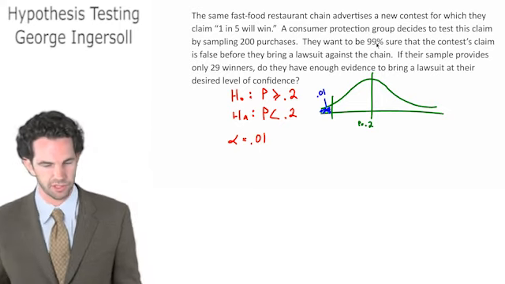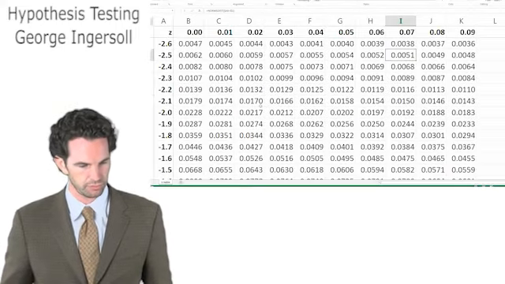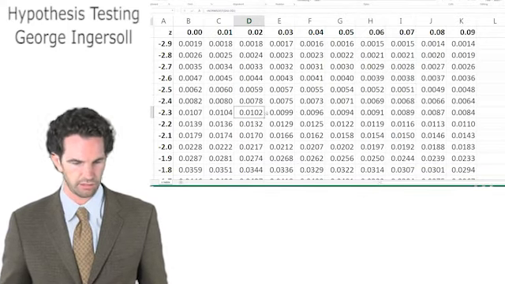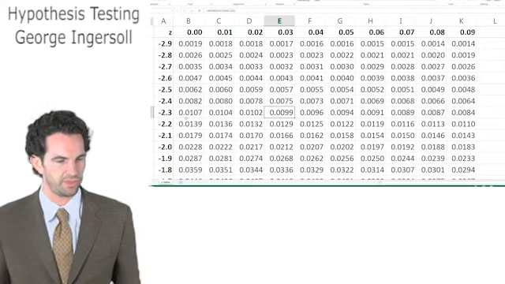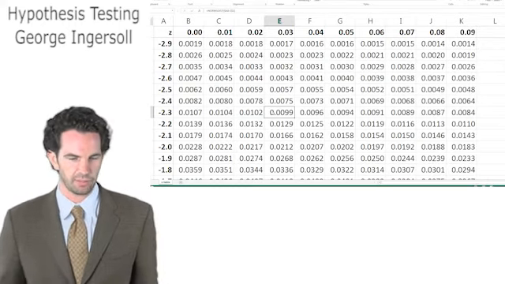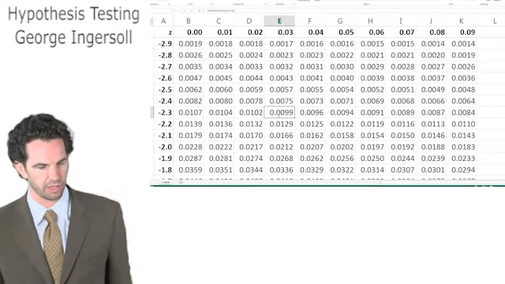So let's look that up on the z table. I'm going to call it negative 2.33. It's somewhere in between there, but a little bit closer to negative 2.33 than negative 2.32. So we'll call it negative 2.33.